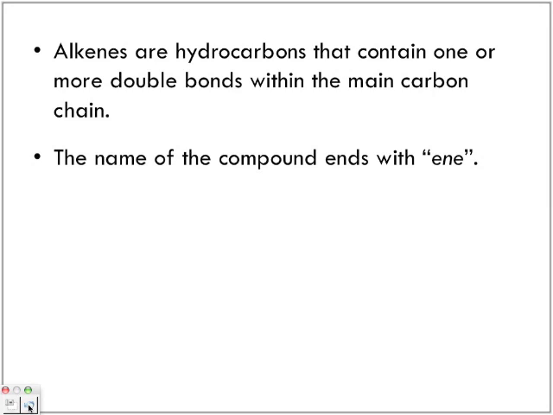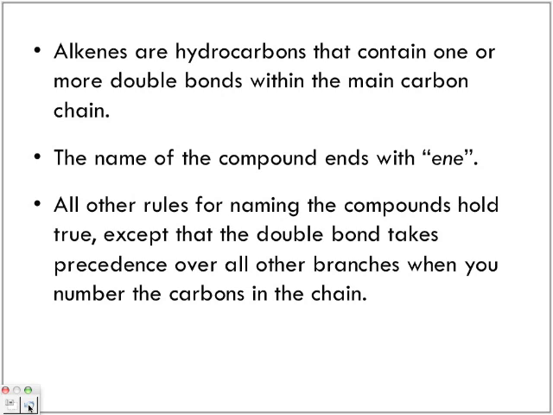Anytime you get that ending ene, like propene, pentene, octene, we're looking at a compound containing a double bond within that carbon chain. All the rules for naming the compounds hold true except that the double bond takes precedence over all other branches when you number the carbons in the chain. When you're numbering the carbons, starting from 1, 2, 3, you always start from the carbon closest to the double bond. We'll see that in one of the examples here.